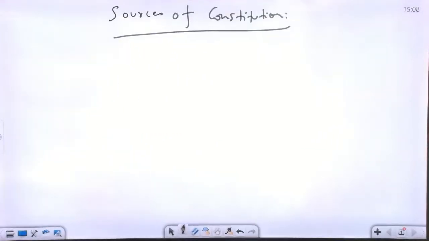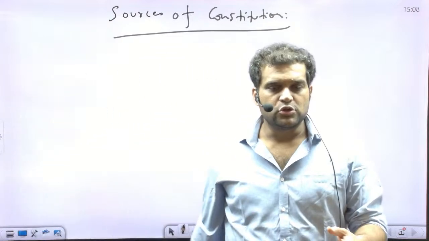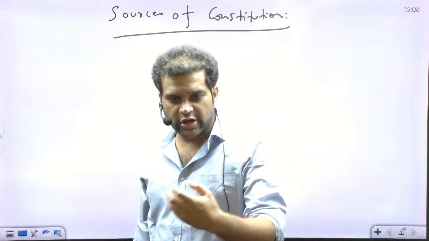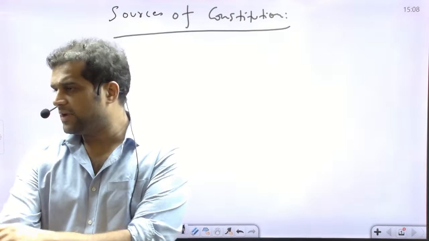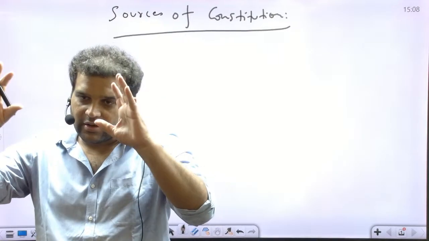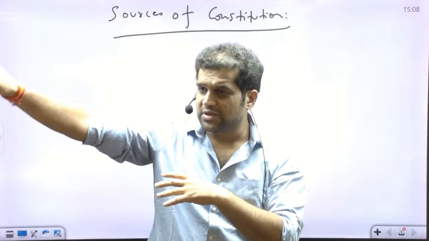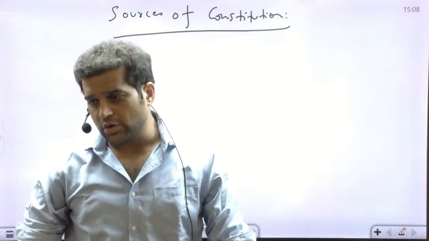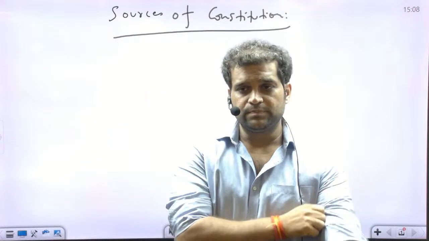Not in their entirety, but just the concept of it. And then obviously we have amended those items that we have borrowed according to our own history, according to our own society, right? Yes or no? And then we imported that concept from the constitutions of those nations, and we introduced them into our own constitution. Getting my point? Yes or no?